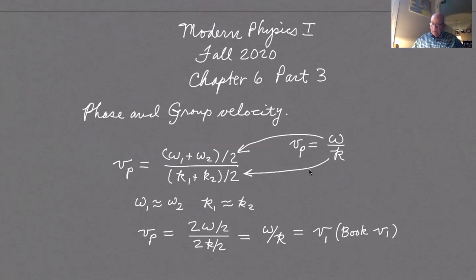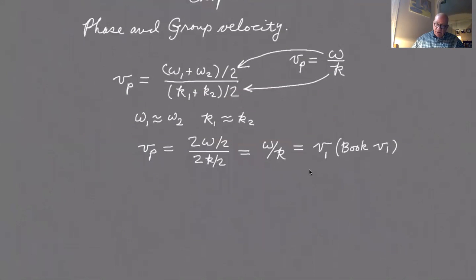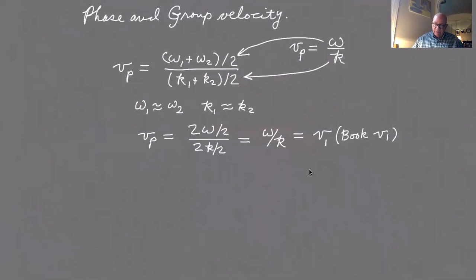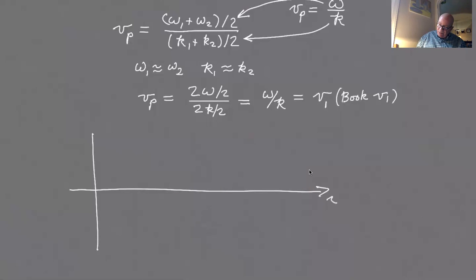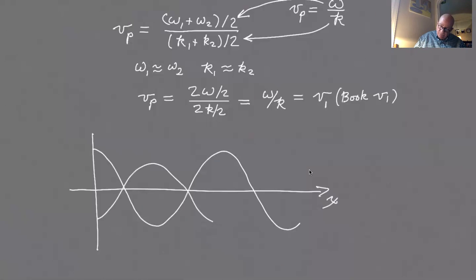So let's now look at a couple of characteristics of this composite wave. A couple of things are borne out. One is if I were to redraw that, this is x. Here's the envelope.